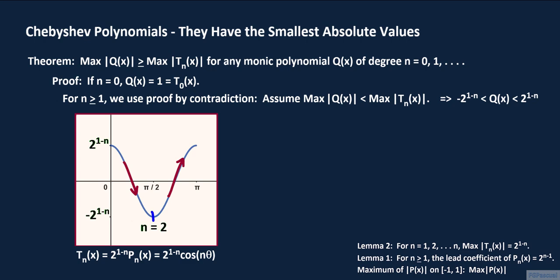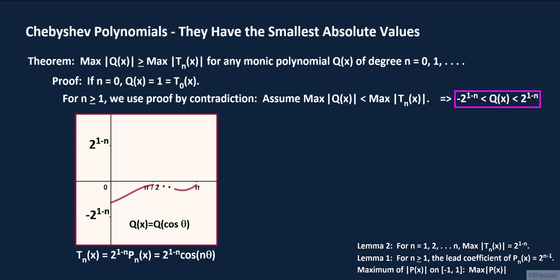Now let us take the graph of q of x. Actually, it's the graph of q of cosine theta. By assumption, the graph of q of x lies strictly between y equals 2 raised to the 1 minus nth power and the negative of 2 raised to the 1 minus nth power.